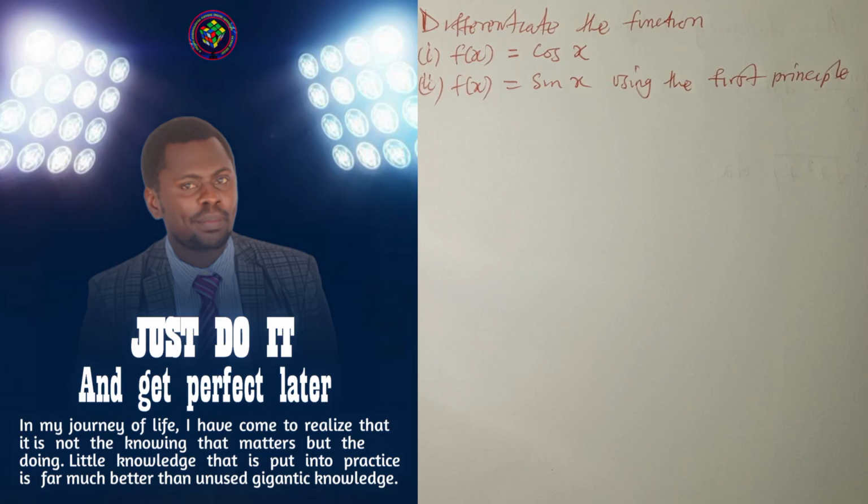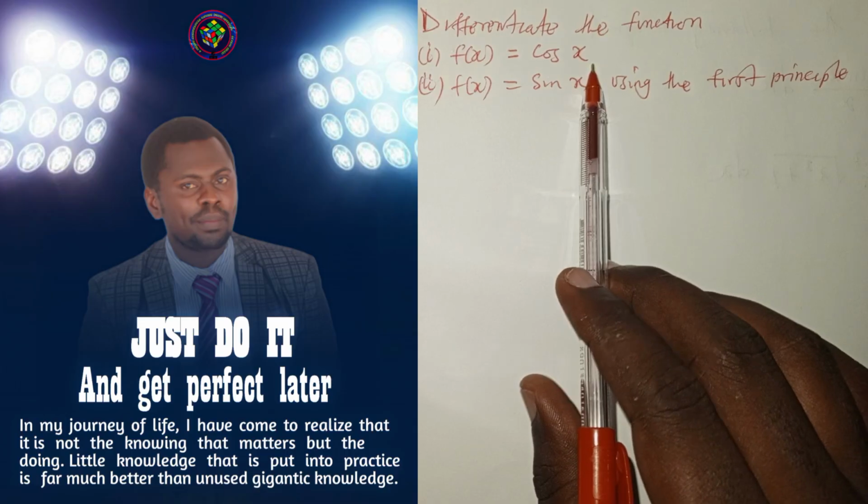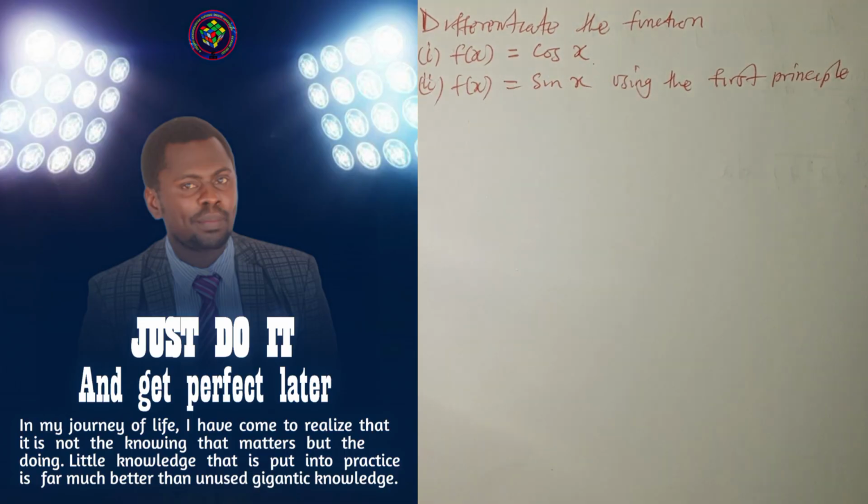Okay, so today's question, we are looking at differentiation from first principle. We have: differentiate the function f of x is equal to cos x, and f of x is equal to sin x using the first principle.